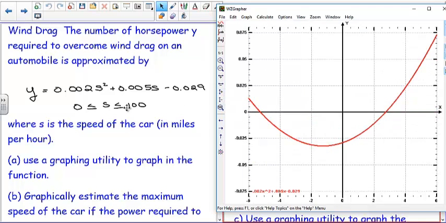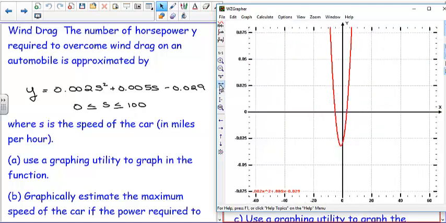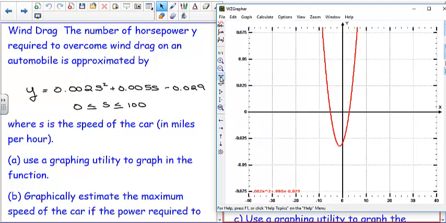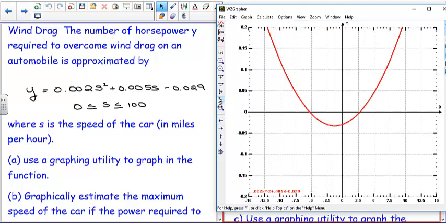And it says it's good between 0 and 100, so I really need to zoom out in the y direction a lot. So I should have waited. Let me get all the way. So there's 100. So I'm going to zoom in the x direction to spread this thing out a little bit. And then I need to zoom out in the y direction, I keep going the wrong way.